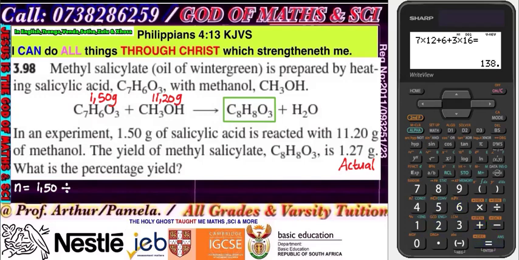So we're dividing this by 138. All right, so 1.5 divided by 138, and then we get that. Okay, I'm going to go 3 significant figures. So we've got 0.0109. That's the mole, the green one.